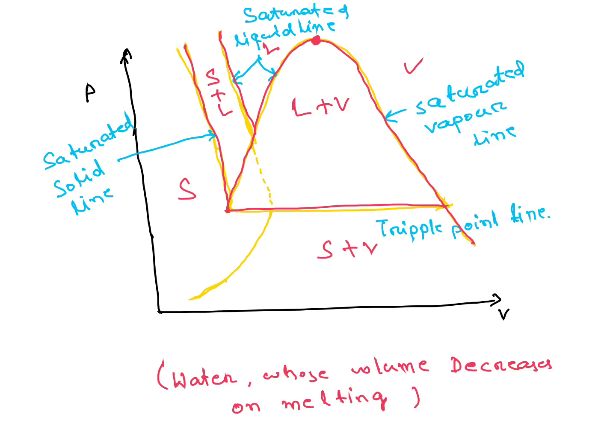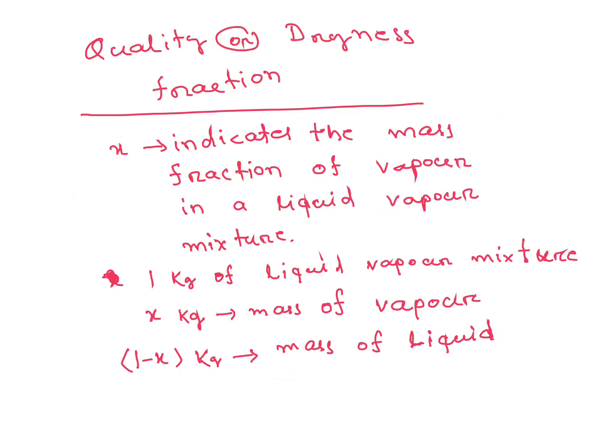Then next is the quality or dryness fraction of steam. X indicates the mass fraction of vapor in a liquid-vapor mixture. If you take 1 kg of liquid-vapor mixture, then x kg is the mass of vapor and 1 minus x kg is the mass of liquid. From here we will calculate x percentage.